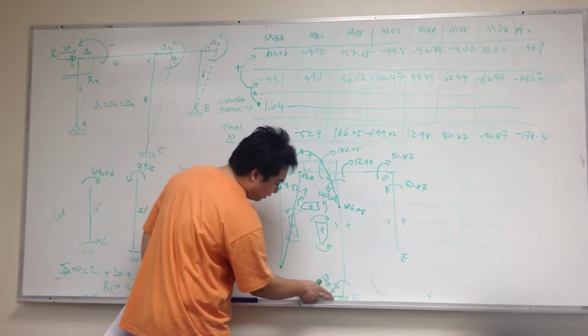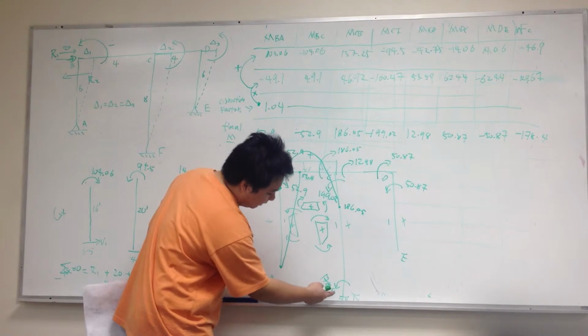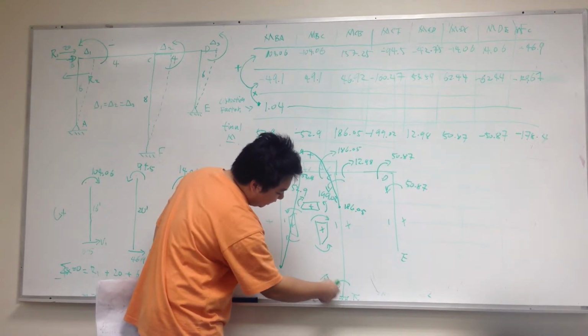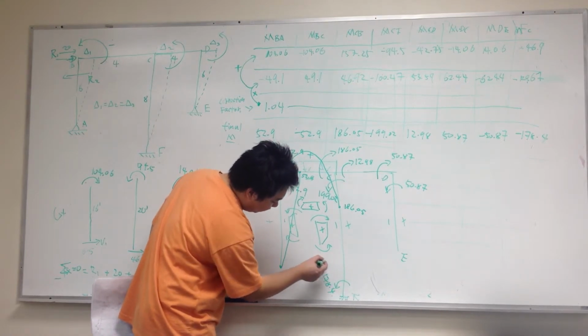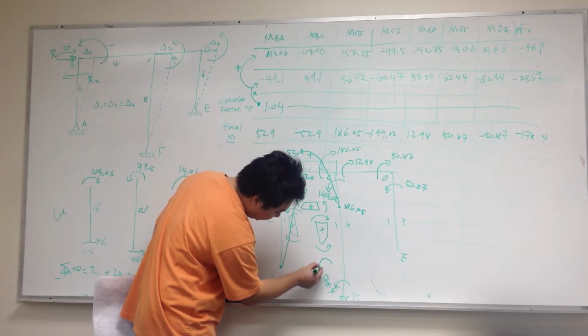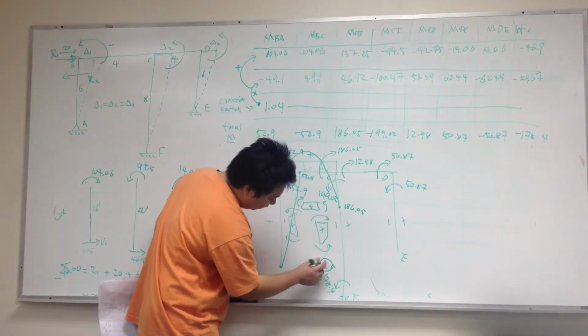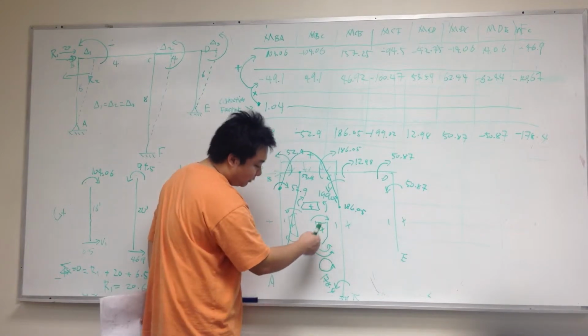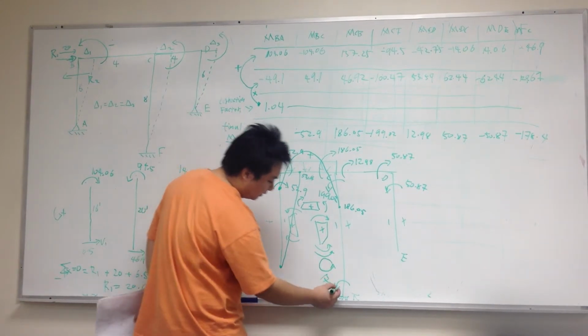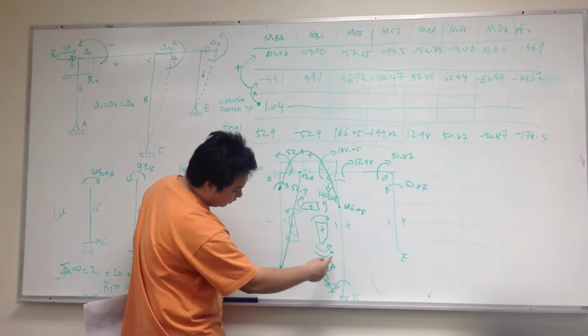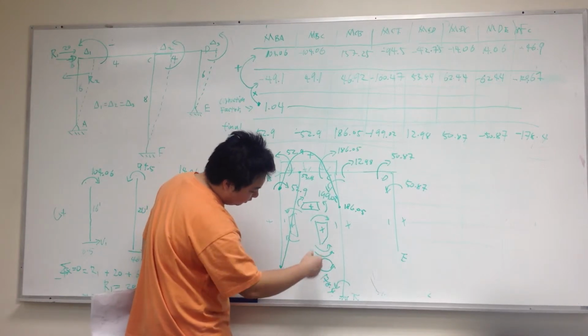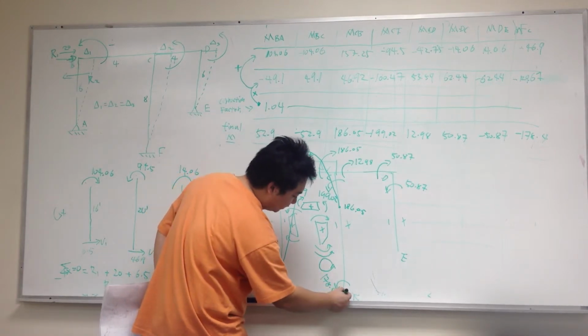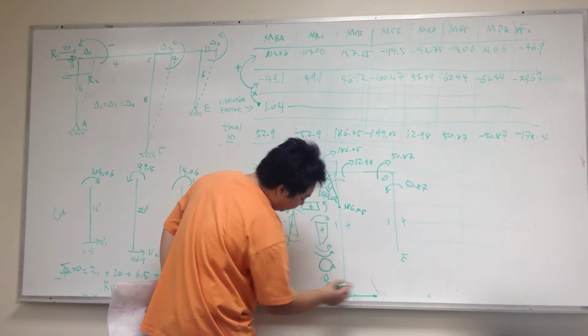Oh, FC is counterclockwise. So counterclockwise is like this. So it's positive. I messed up with this because it's counterclockwise. So from this side, it's the same direction, so it's going to be positive. 178.4.